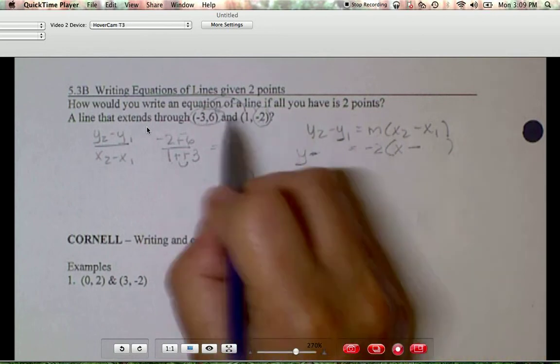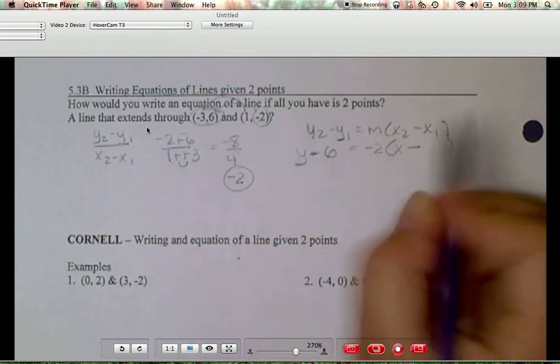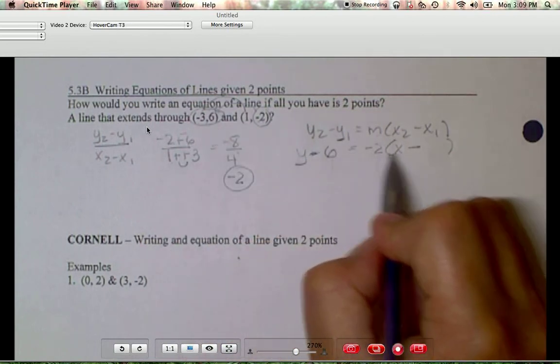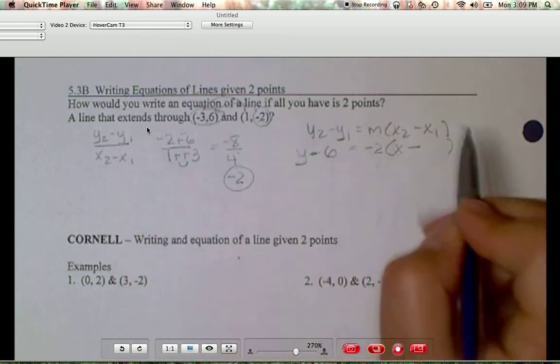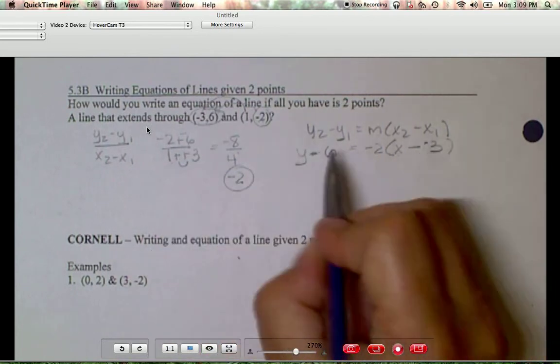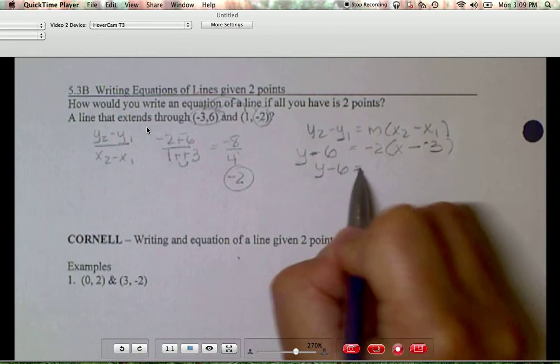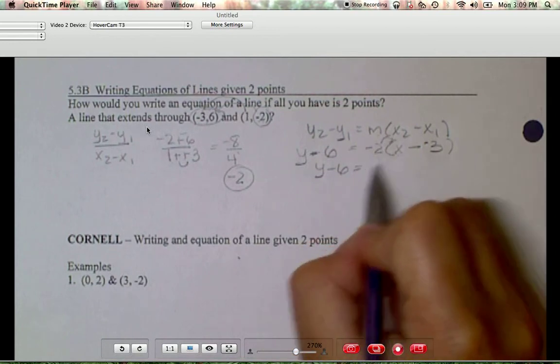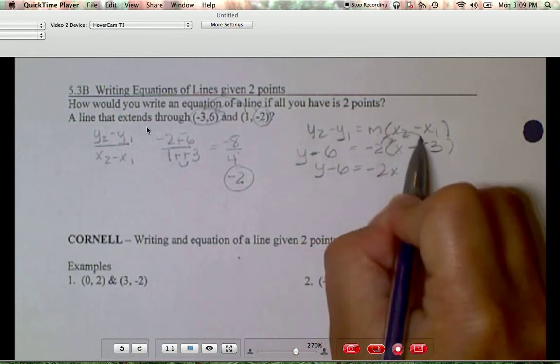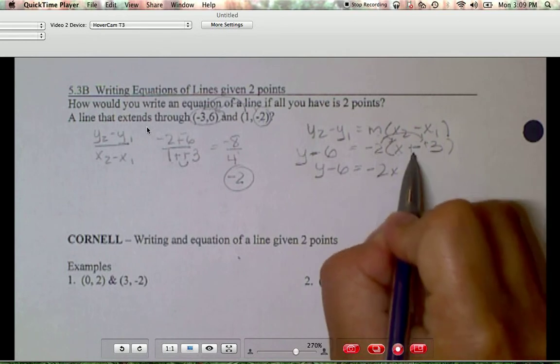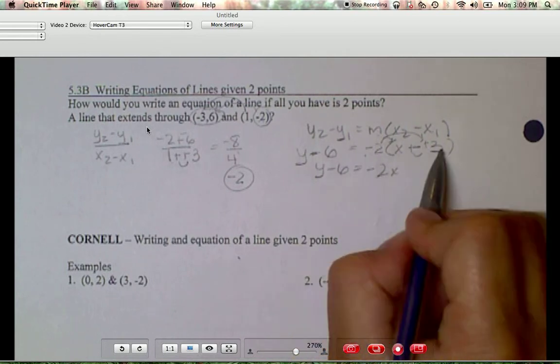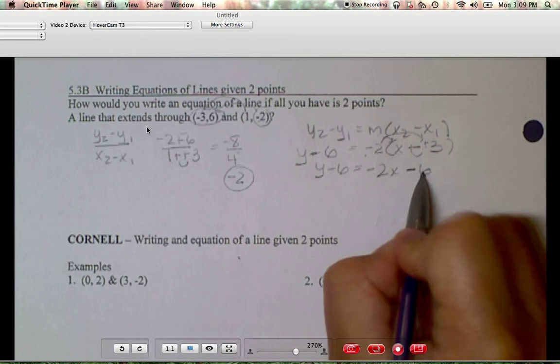So y minus the y value, which is 6, equals the slope times x minus the x value, which is -3. So y minus 6 equals, distribute this, -2x, double negative here we want to fix first, -2 times +3, which would be -6.